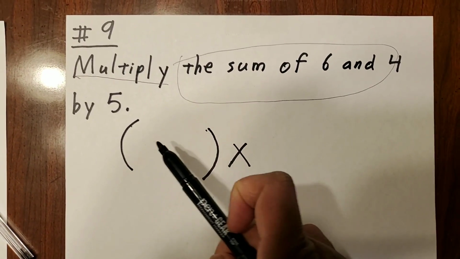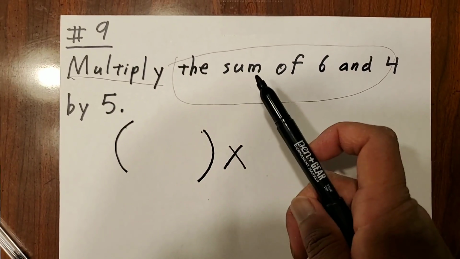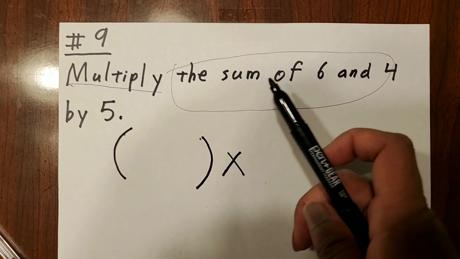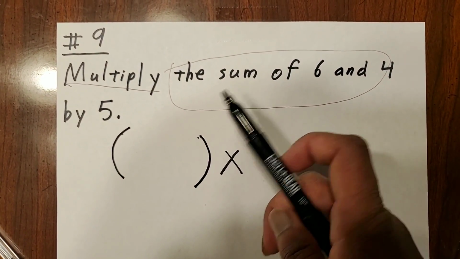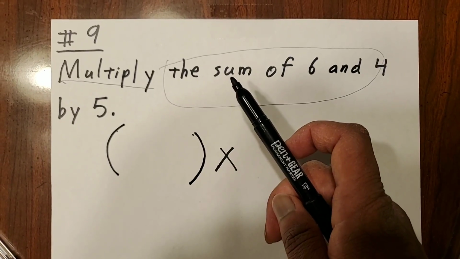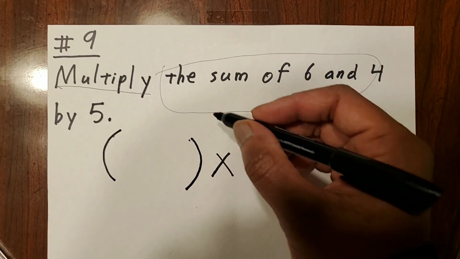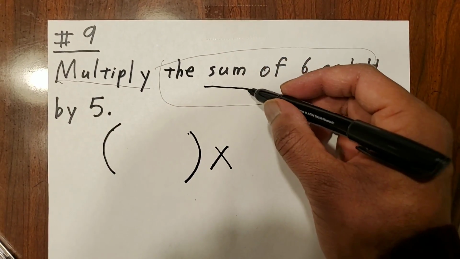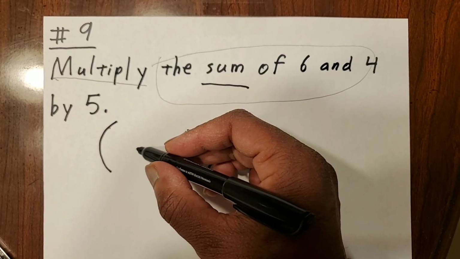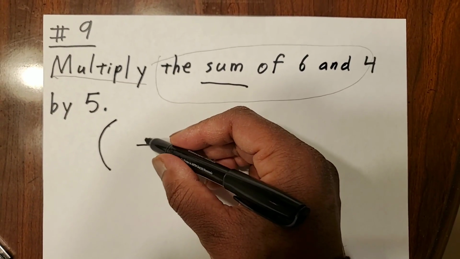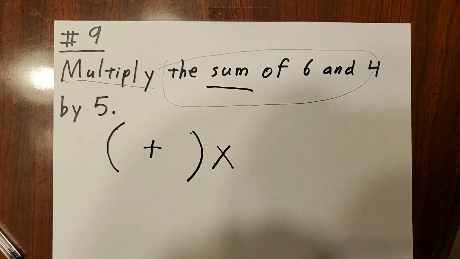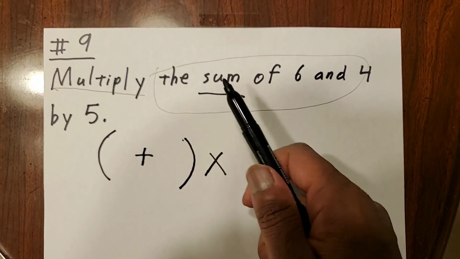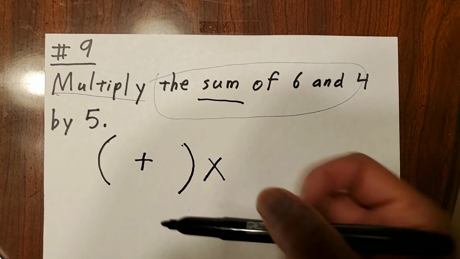What's going to go inside here? The sum of 6 and 4. Wait a minute. What's going to go in here? What keyword do you see? I see the sum. That lets us know we're going to do what? We are going to add. And what are we going to add? The sum of 6 and 4.